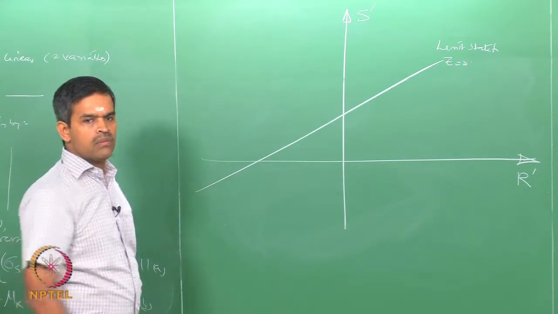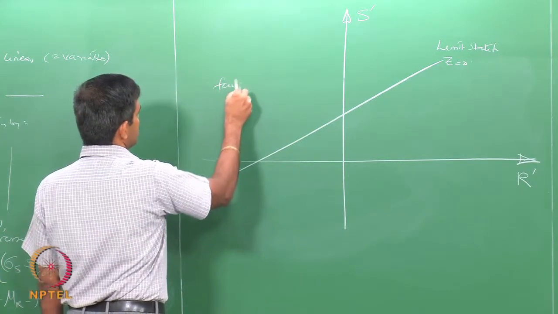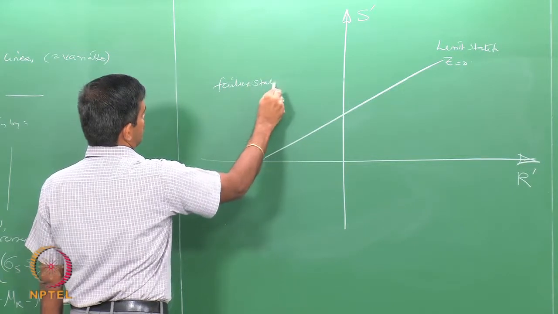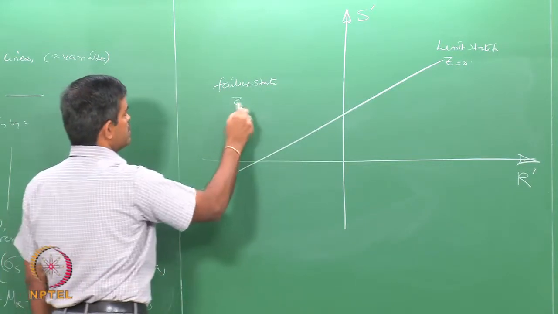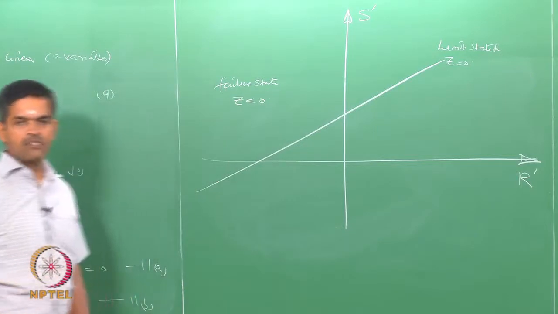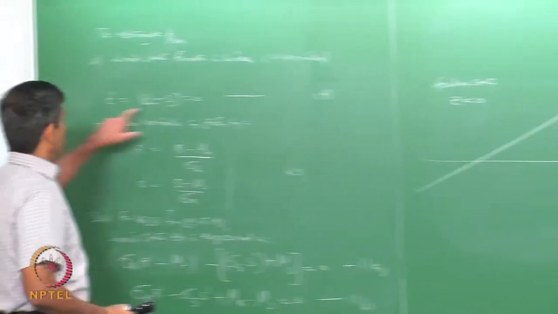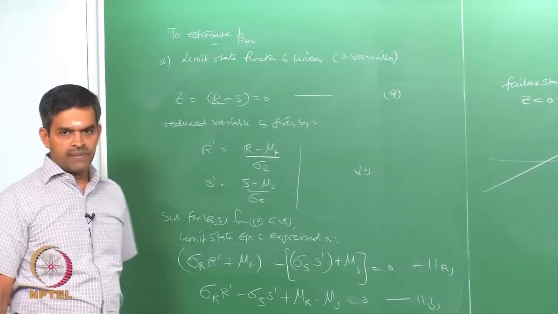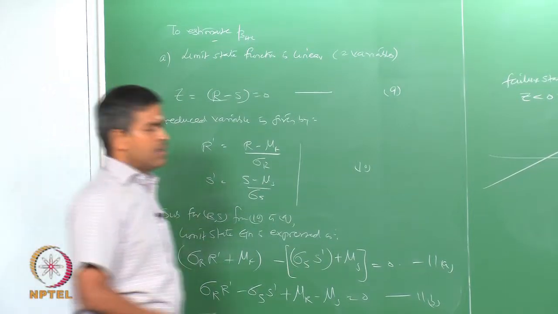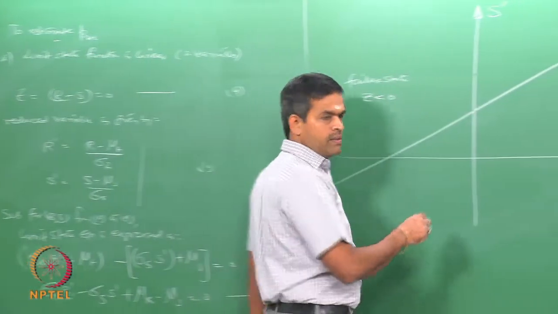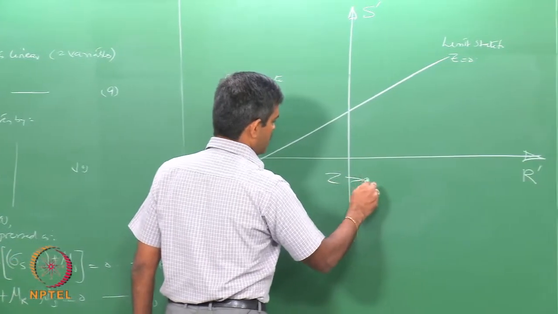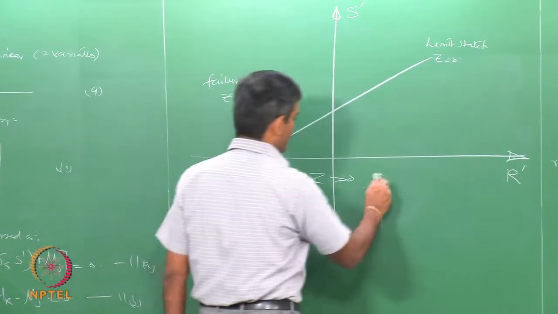Now, we know this is going to be the failure state, where z is less than 0, that is assuming a negative value, because z is actually given by r minus s. And of course, this is going to be the zone where z is greater than 0, so I can say it is a safe state.